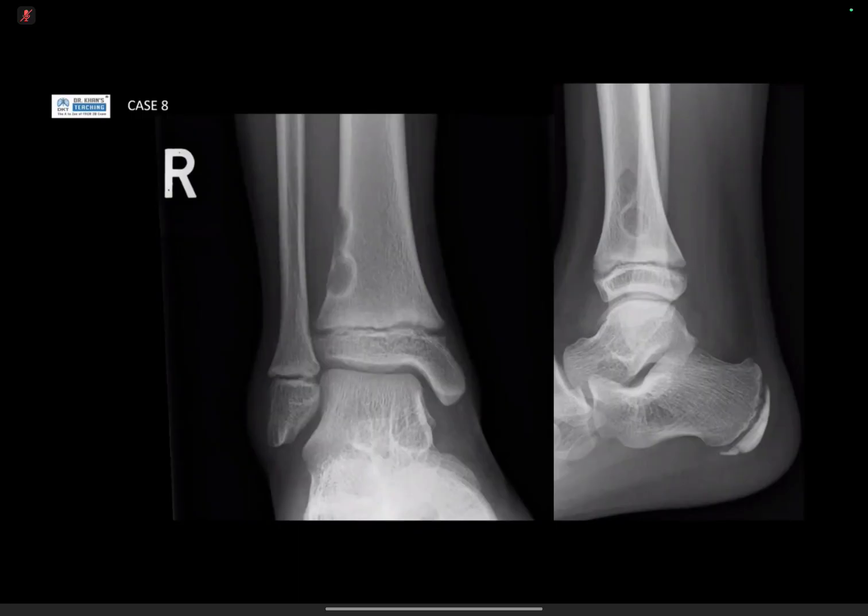They tend to have that sclerotic margin. There's no periosteal reaction or really aggressive features associated with the lesion, as you really well described. When you follow these up, they tend to become a little bit more sclerotic until they completely remodel to normal bone.